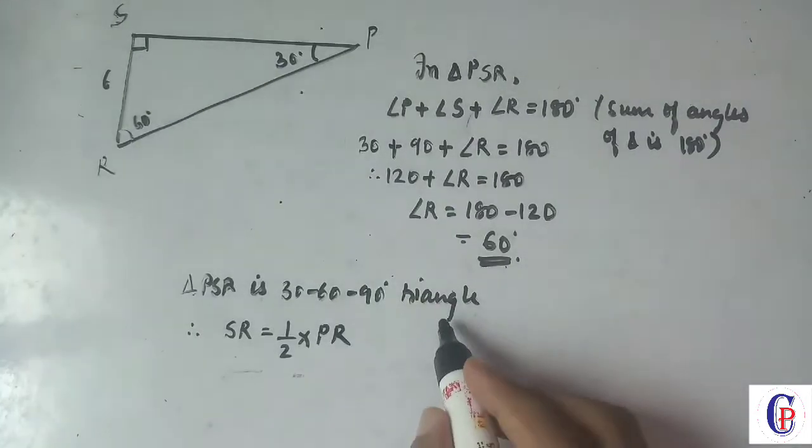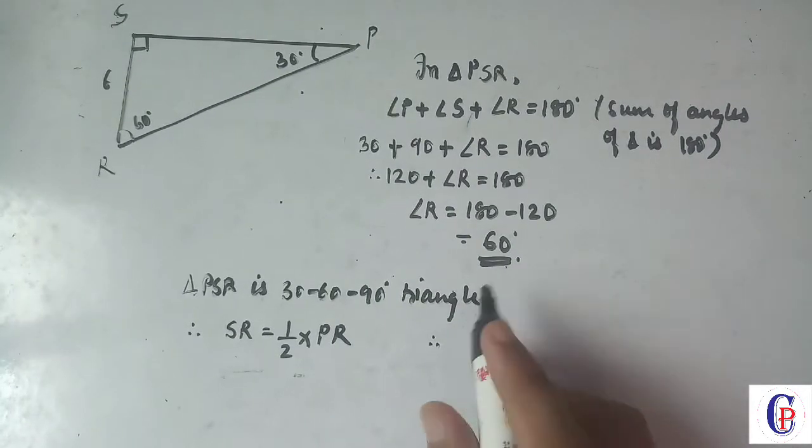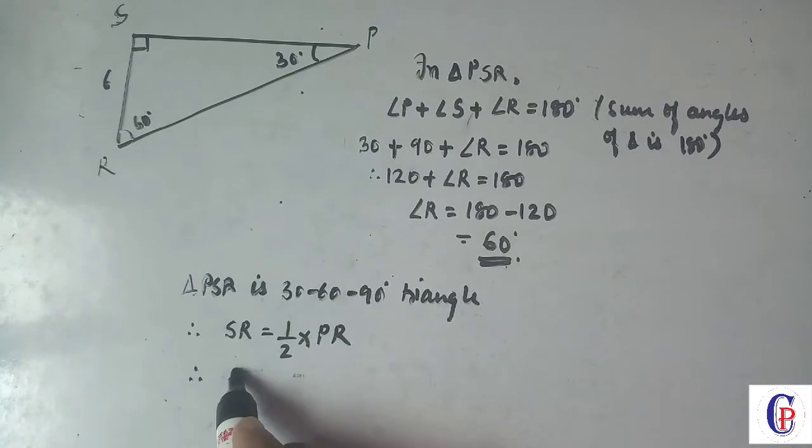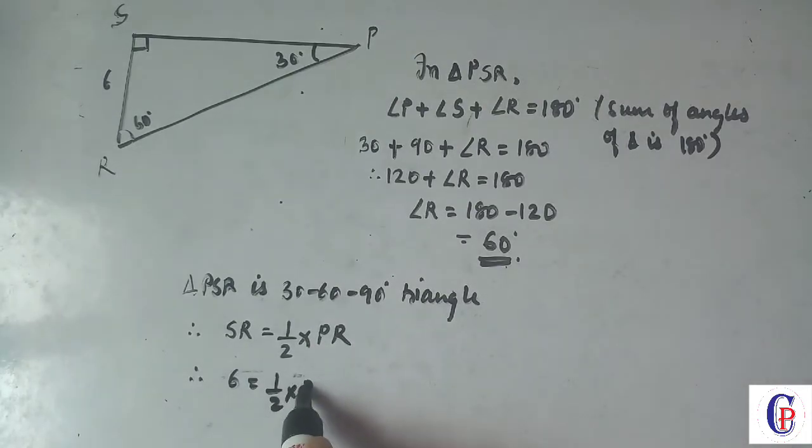What is SR? 6, which is half of PR. So this gives you PR as 12.